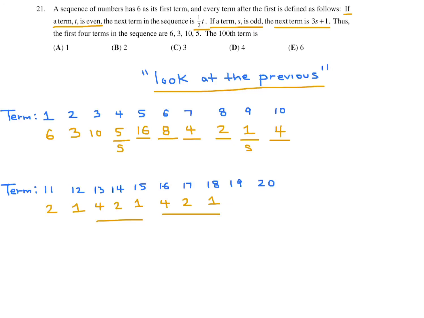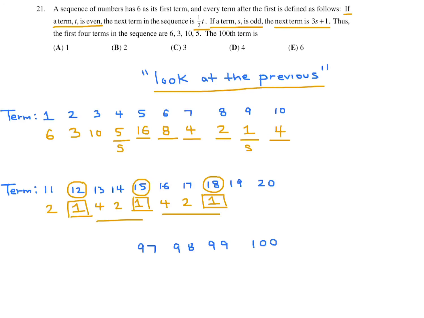So that's good. That means you can look at this in any way you want, but the way I look at it is that every time the term number is a multiple of 3, our term is a 1. So you can just keep going like that all the way till 100: 97, 98, 99, 100.